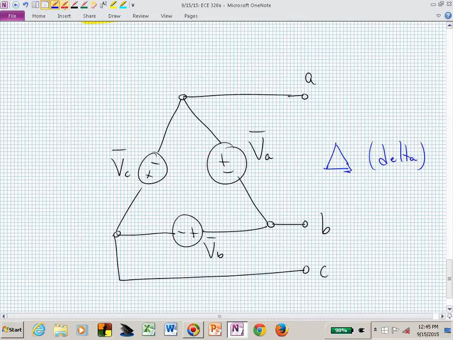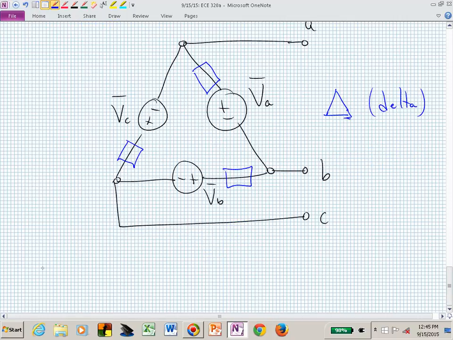And again, I have not included these boxes, which could include the generator impedances, or the impedance internal to the source. So let me show you what those look like.